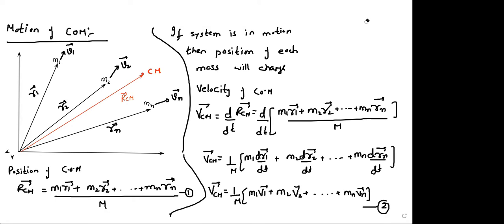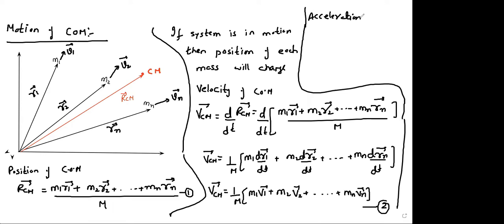Just like velocity of center of mass, how would you calculate the acceleration of center of mass? I will differentiate VCM again. Yes. The acceleration of center of mass is the rate of change of velocity, dvcm over dt.